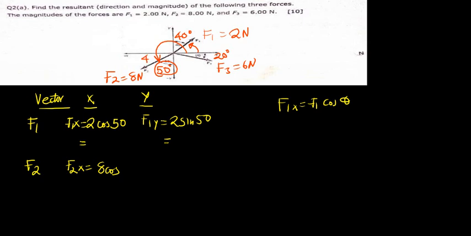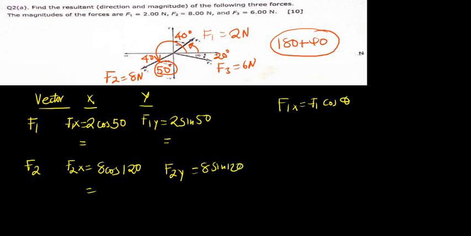So to find the angle of interest, it will be 180 plus 40. You need to know these simple mathematical operations. That's the angle we'll be using. And so F2y will be 8 sin 120.